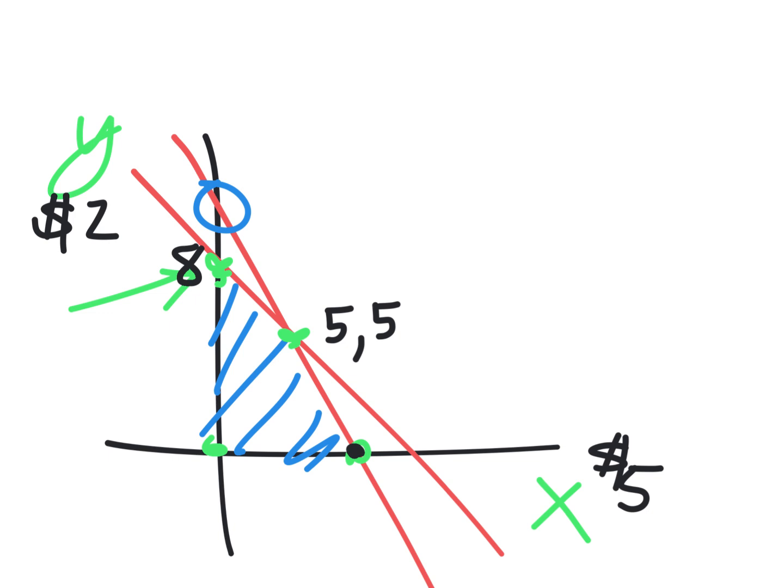Let's say this is at 7. Write the optimization equation. This is for profit. And then figure out which makes you the most profit. $5x plus 2y.